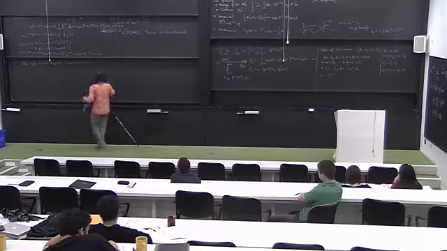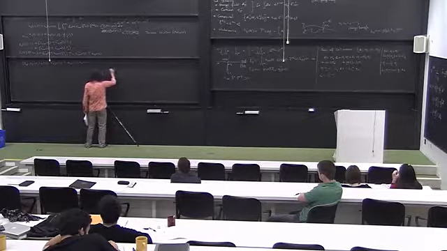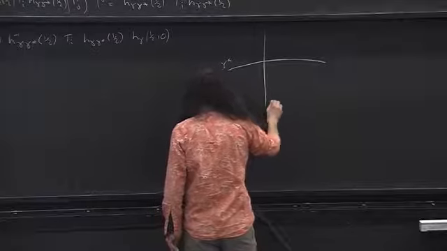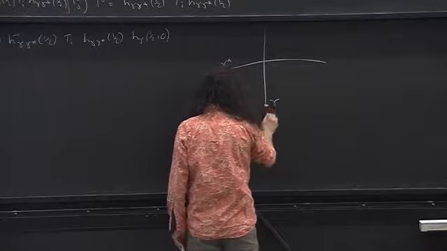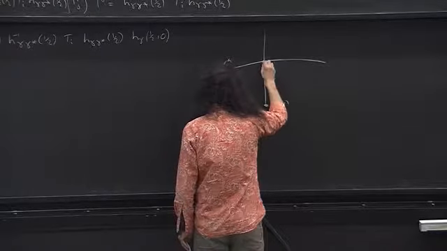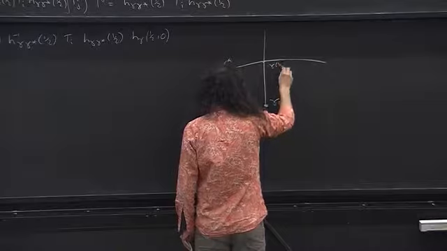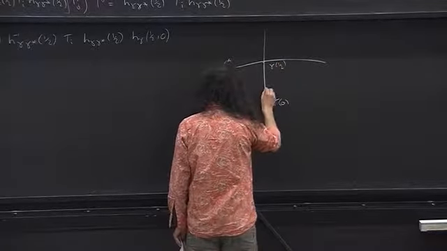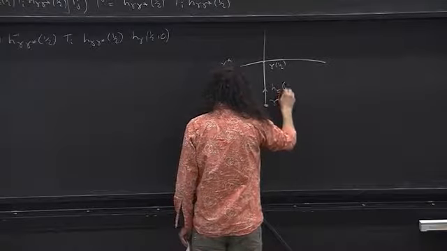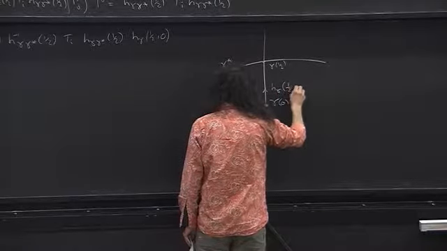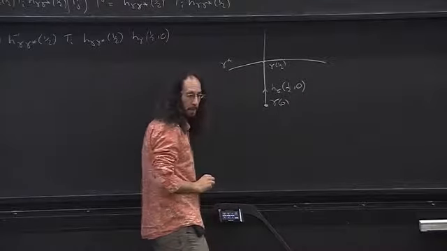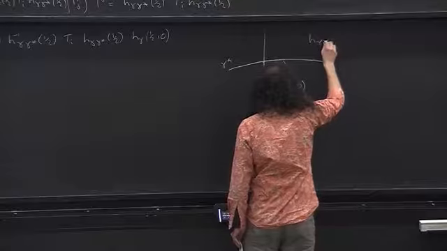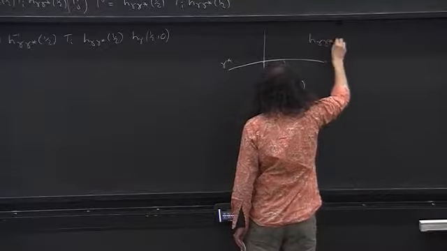So if I have γ*, and γ, and the start point of γ is here. That's γ(0). Here it's γ(1/2). So here I have h_γ from 0 to 1/2. And what is h_γ* of 1/2?